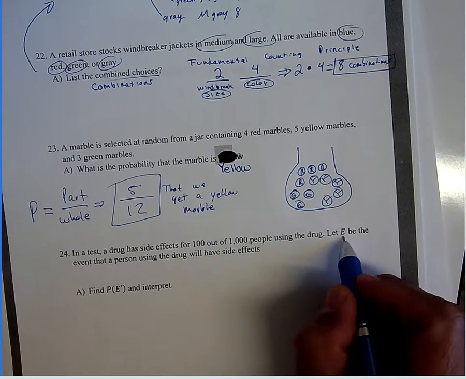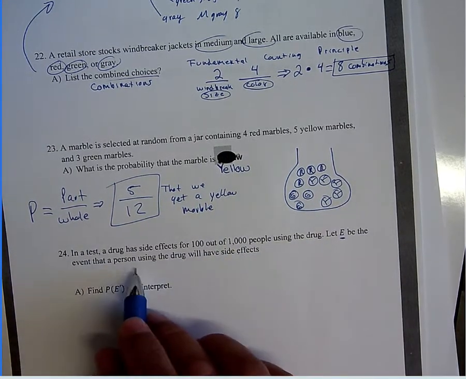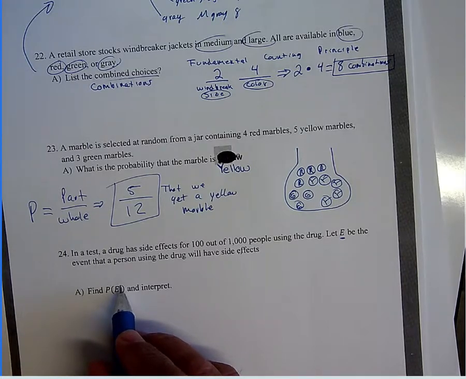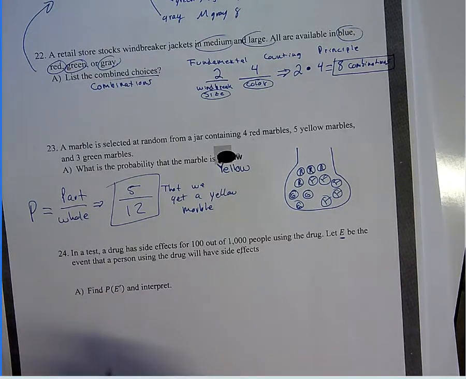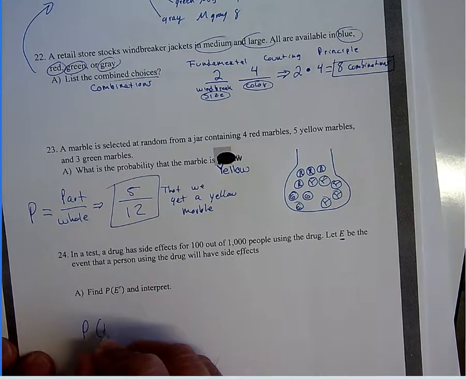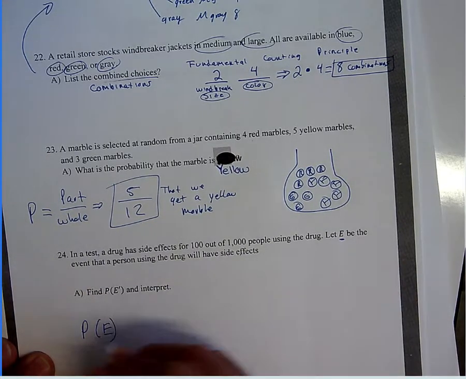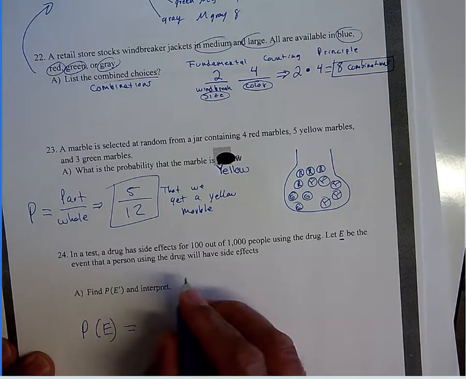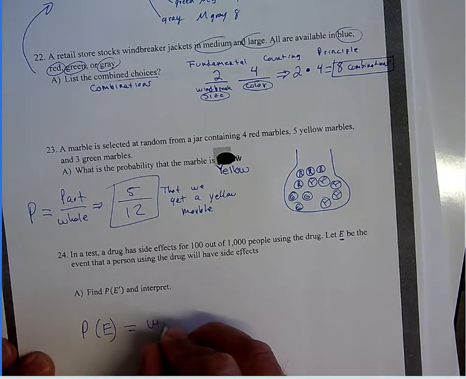Because it's telling you let E be the event that a person who's using the drug will have side effects. But they want us to find the opposite of that. So probability of E tells you here is will have side effects.